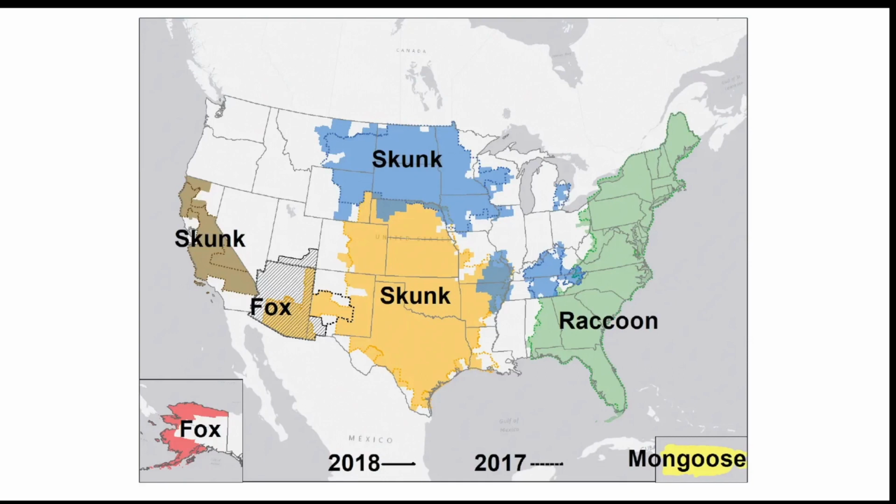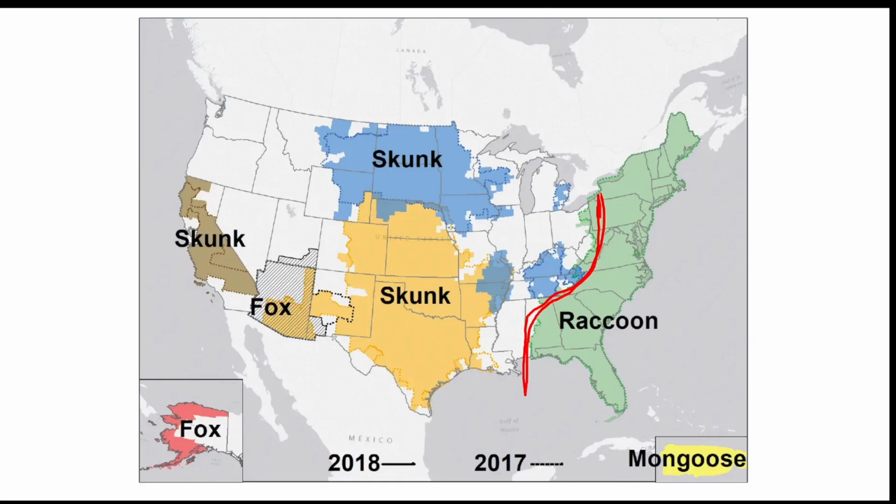So here in the United States, you can see we have skunk, fox, and raccoon. In Puerto Rico, there's mongoose rabies. And so these are different lineages or different strains of the virus. If you look at the raccoon strain over on the East Coast, it is kept in check by the Appalachian Mountains. So apparently raccoons will not go over the Appalachian Mountains.